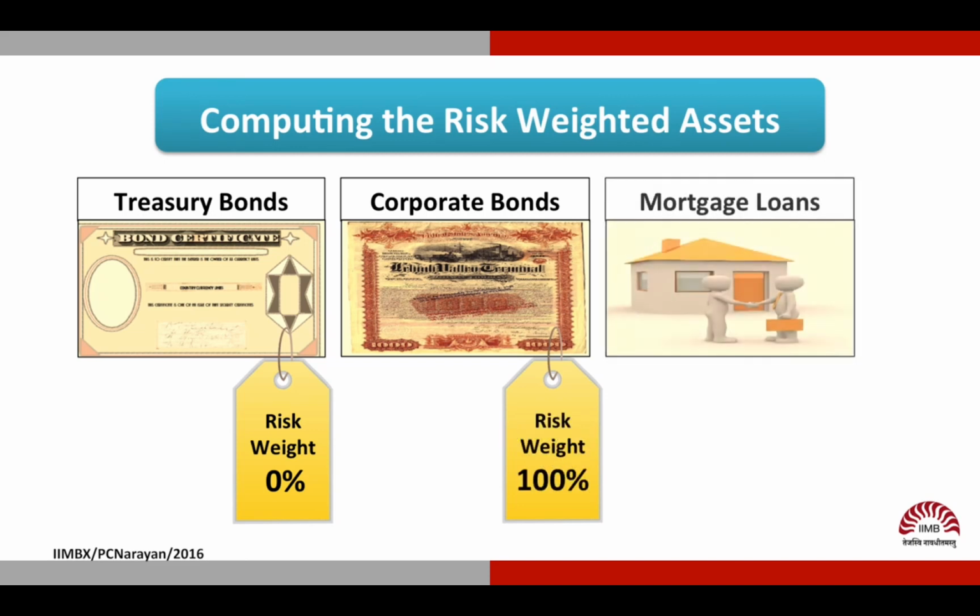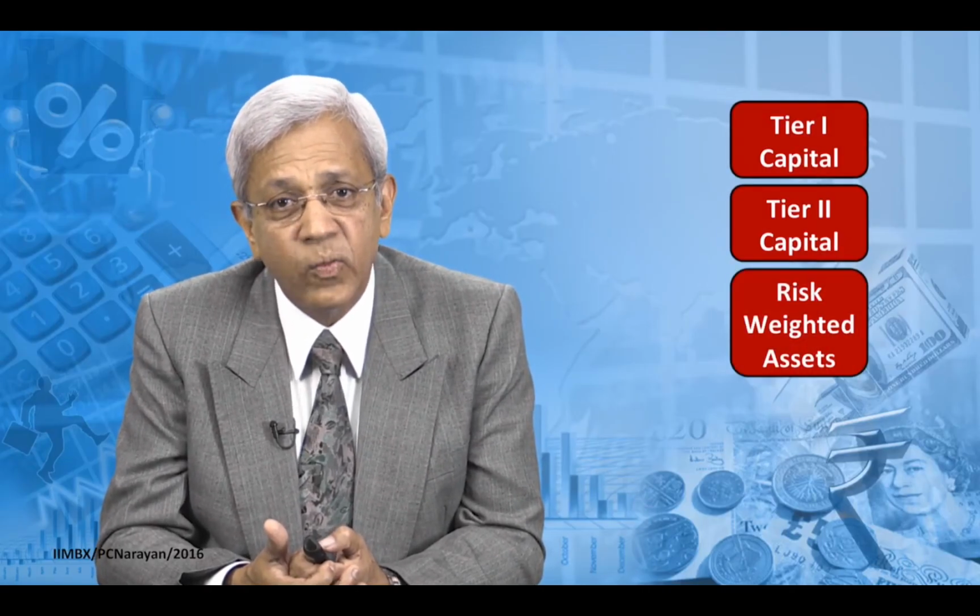The risk weight on mortgage loans or home loans, as it is called in some countries, are relatively low, given that such loans are always secured by the real estate that it has financed, and hence the risk weight could be, say, 50%. With that understanding of Tier 1 capital, Tier 2 capital and risk-weighted assets, in the next session we will look through a spreadsheet to compute the capital adequacy ratio of a fictitious bank called the Bank of Utopia.